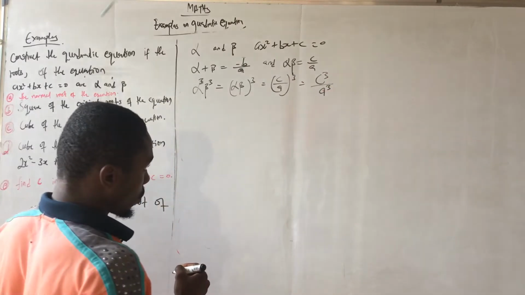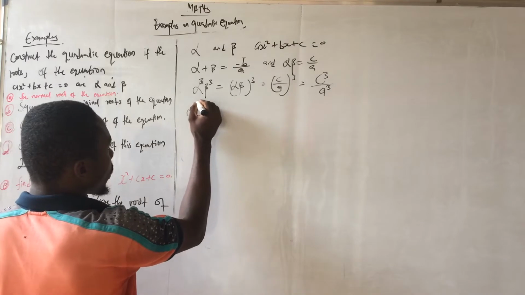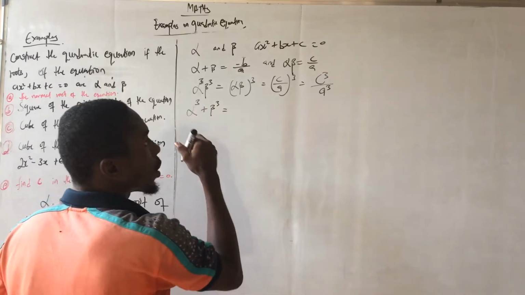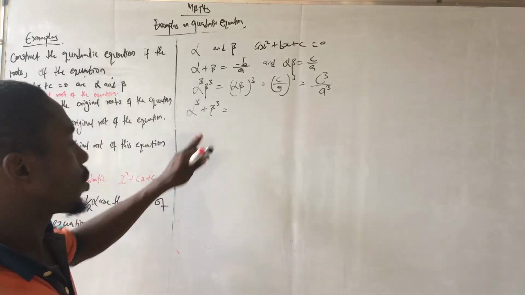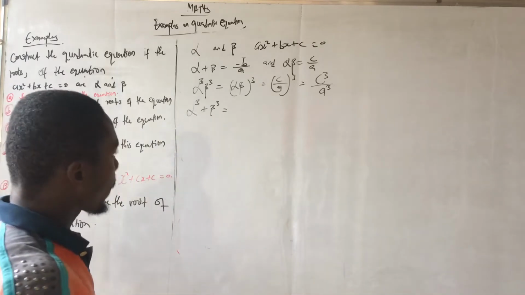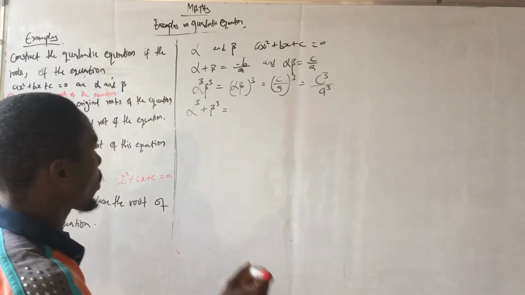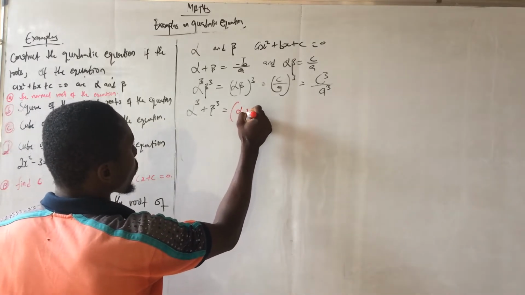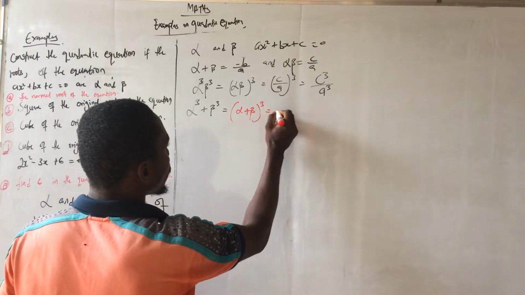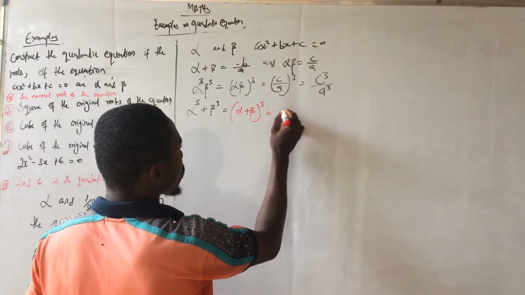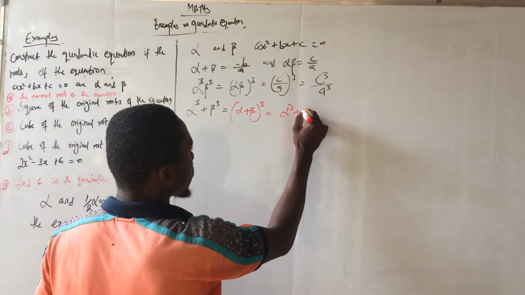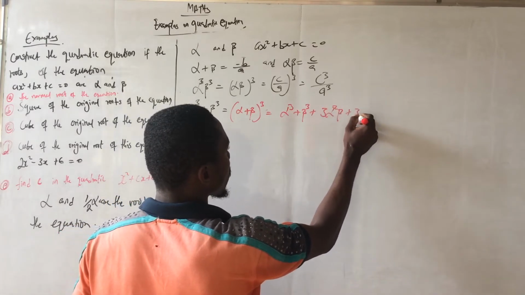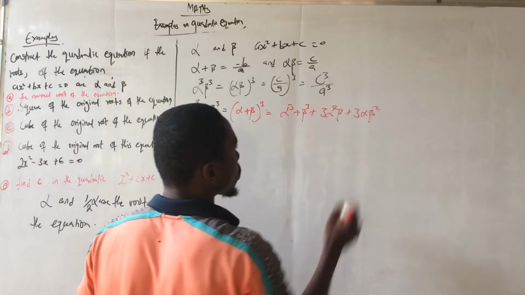So that is the first one. Now the second one is alpha cube plus beta cube. How are we going to do this? I remember when I did the symmetric property, alpha plus beta all cubed gives alpha cube plus beta cube plus 3 alpha square beta plus 3 alpha beta square.